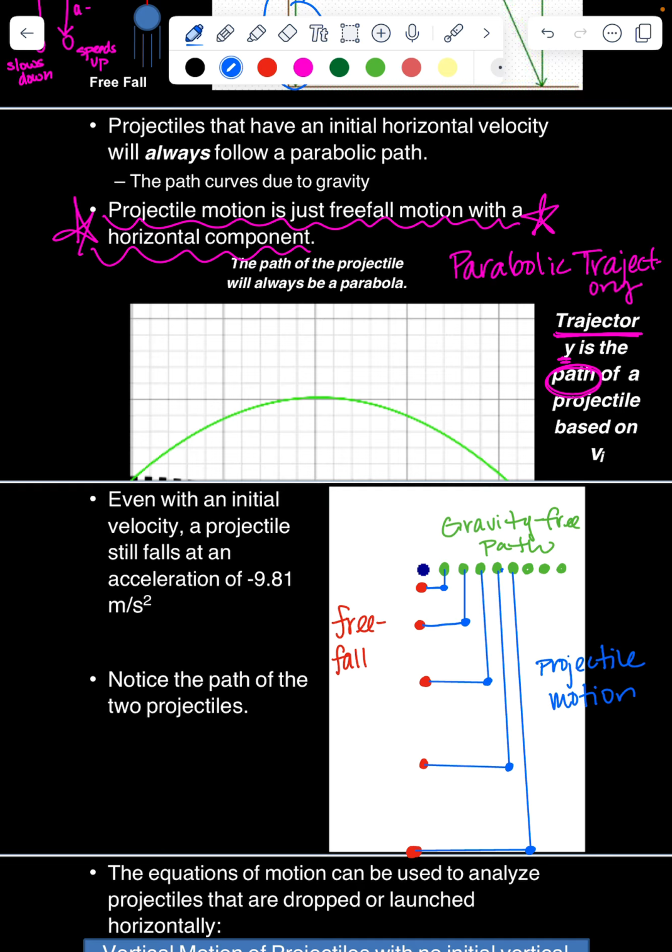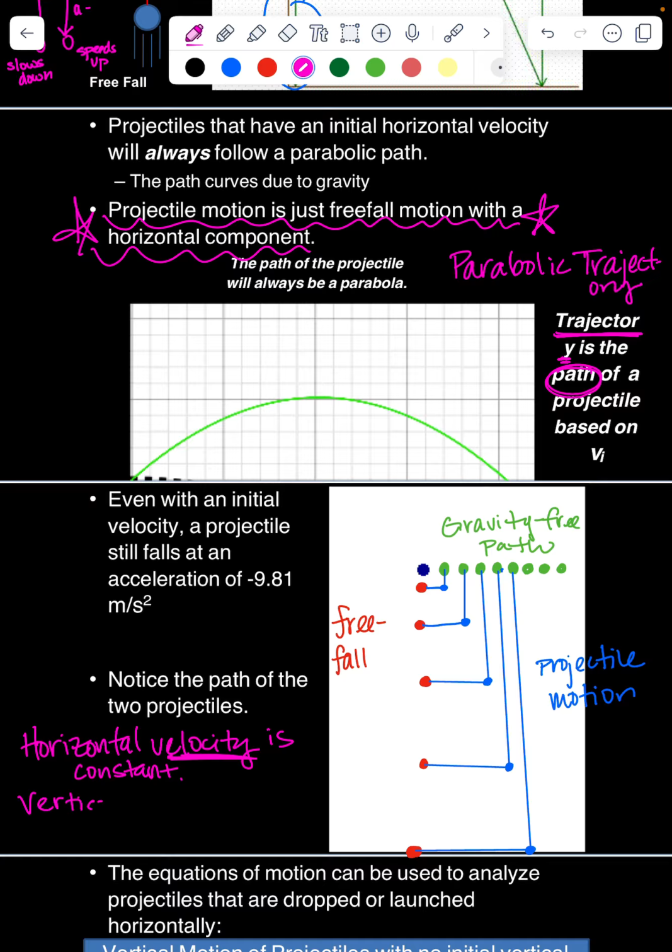That's because our horizontal velocity with horizontally launched projectiles is always going to be constant. Horizontal velocity is constant.